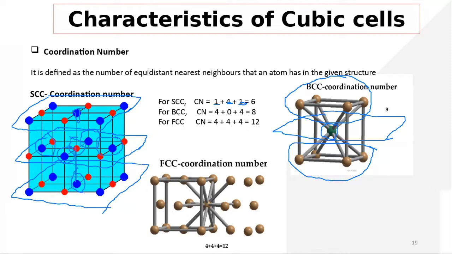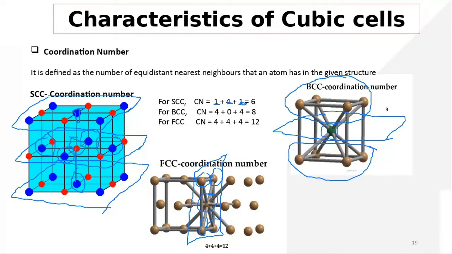In a similar way, we can find out the coordination number for the FCC structure. In the FCC structure, we know that atoms are present at the centers of the faces. So if we talk about this crystal plane and we are finding the coordination number for this particular atom, 4 atoms are present within this plane.